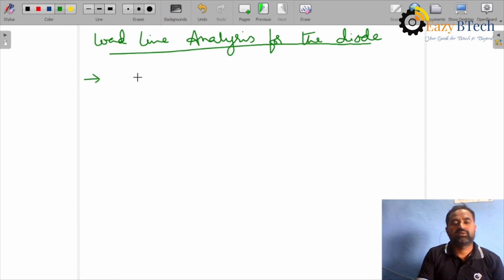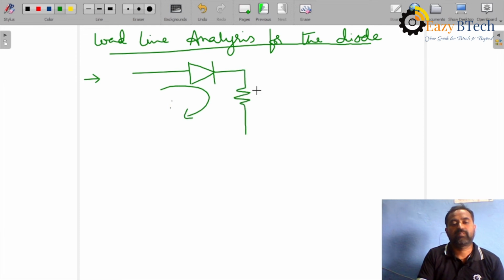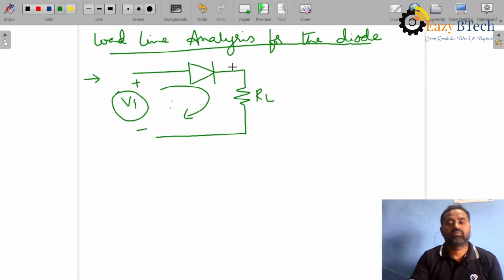For a load line analysis, draw the diagram. It is a diode.